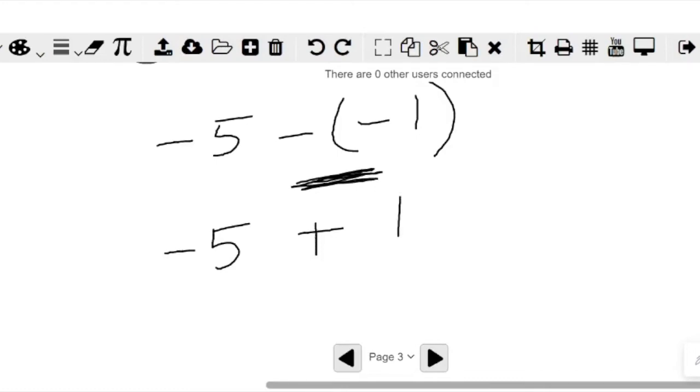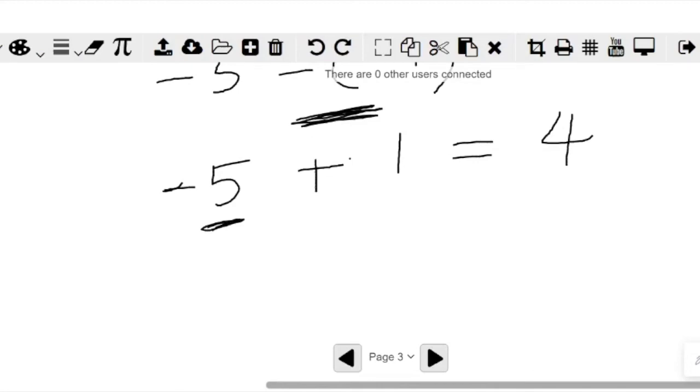Because we know that we can do what we were doing in part 1, where we have a negative number and a positive number, we actually take away, because the signs are different. So we would take away 5 take away 1. After that, we would look at the bigger digit, which is a negative number, and we would therefore put a negative sign there.